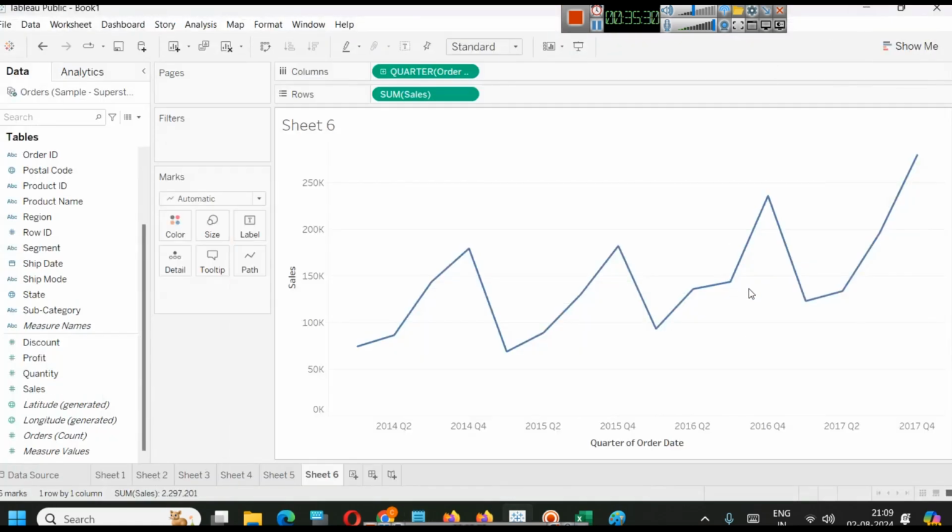Okay, now a very important thing. Here we are comparing sales of all the years combined, like a continuous variable. We want to see our growth. So when people ask you questions like forecasting, what is your projected sales? What is your projected profit?